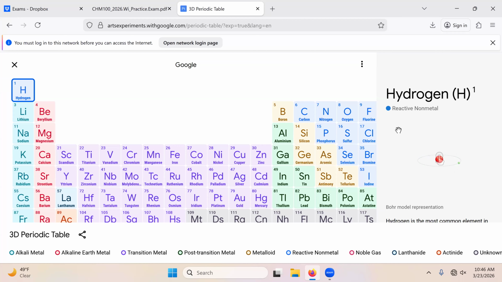Basically what happens is the d orbital borrows an electron from the s orbital so that it can be filled. That's why it's a little bit of an exception. I'm not going to ask you about the exceptions here, but that explains why it's always a +1, because it only has 1 valence electron to lose.